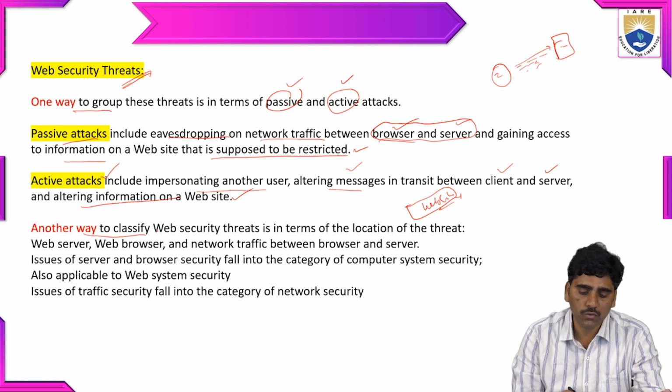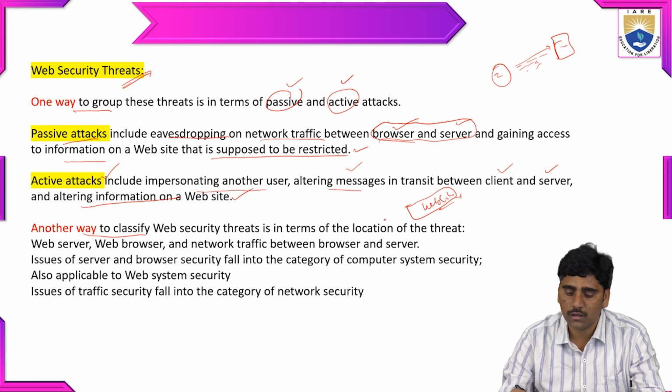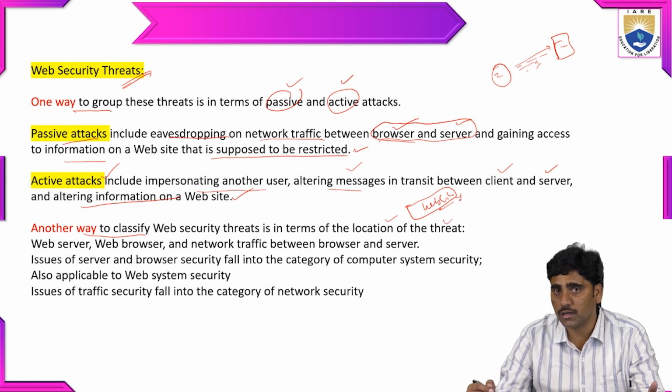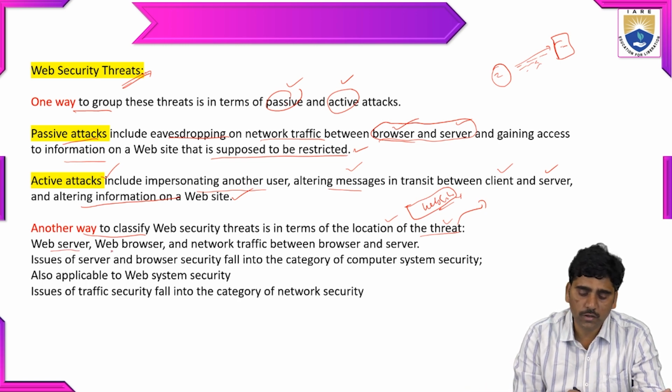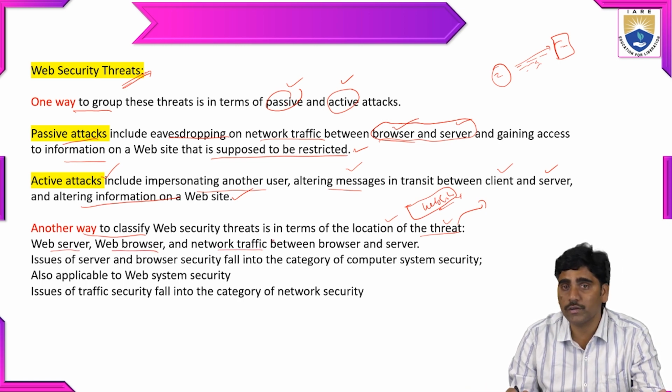Another way to classify web security threats is in terms of the location of the threat. So where exactly will the threat be present? The web server, the web browser, and the network traffic between browser and server.